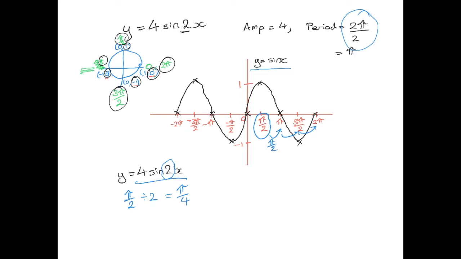So that's what's significant about this value here. Pi on 2 is not only the first important point where we're up here, but we also go up by pi on 2. So for this new one, pi on 4 is our first important point, and we're going to go up by pi on 4.